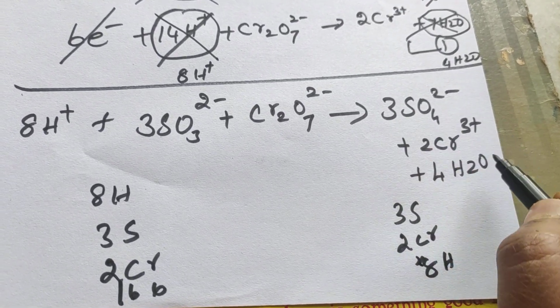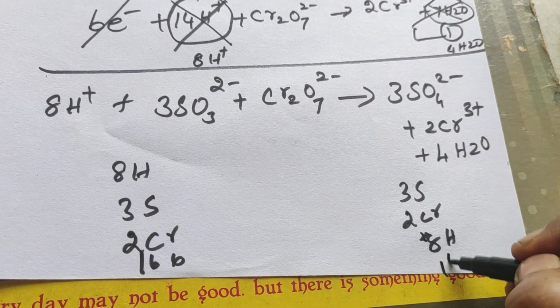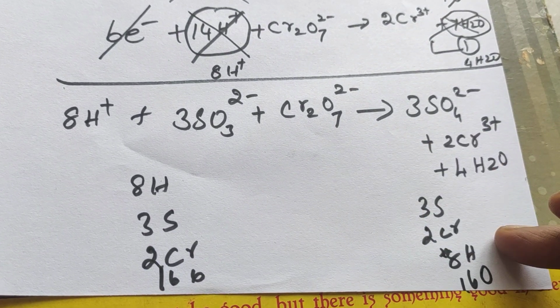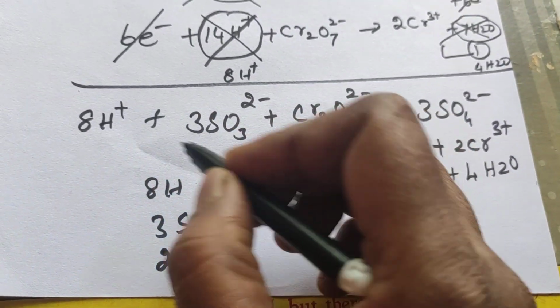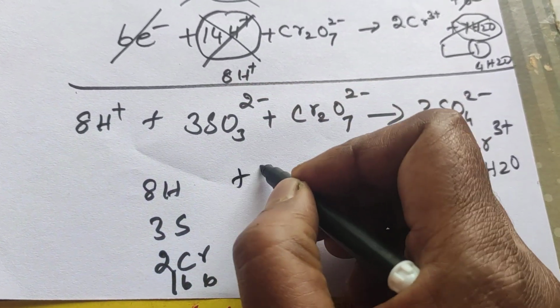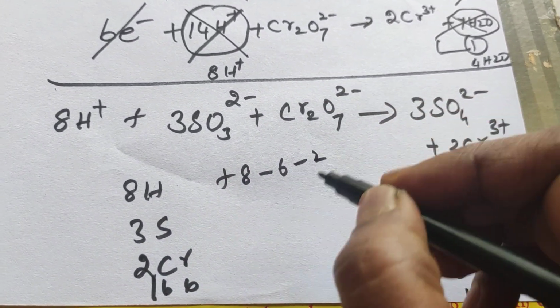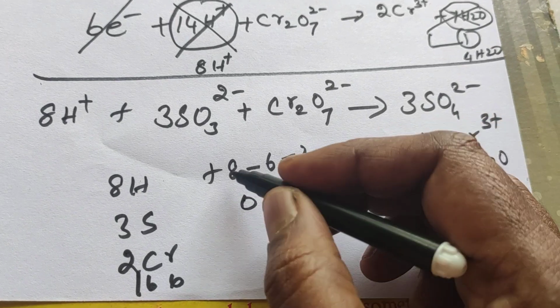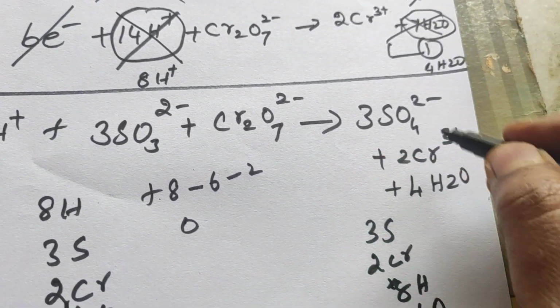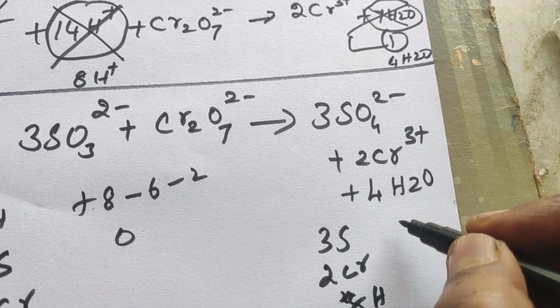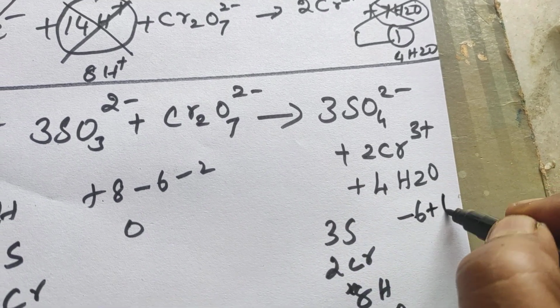Oxygen 3 fours are 12, 12 plus 4, 16 oxygens are there. So both the sides tallied. Similarly charges, we'll check: plus 8, 8 into plus 1, plus 8, minus 6, 3 twos are minus 6, here minus 2. So overall charge 0. Plus 8 minus 8 will get 0. The product side: 3 twos are minus 6, 3 twos are plus 6, overall charge 0.